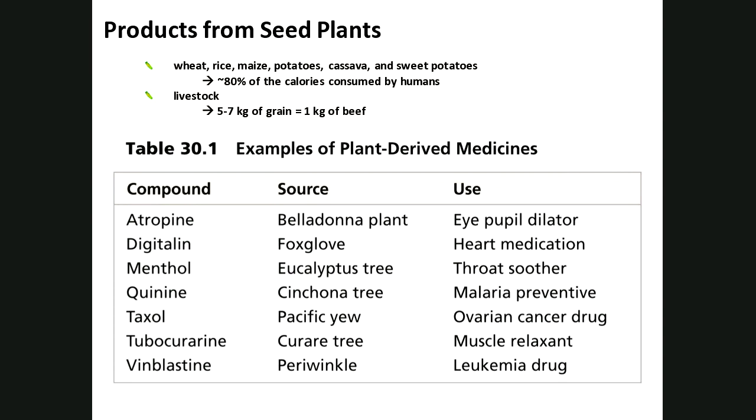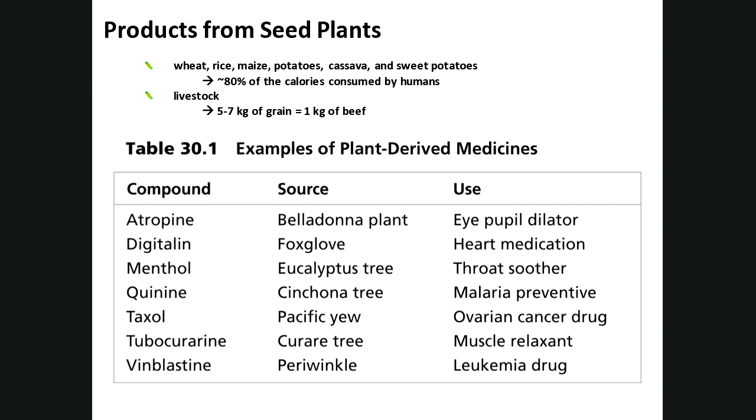The curare tree in South America, that's what the natives used to put on the tips of their spears or their blow darts, because it is a muscle relaxer, and it stops you from being able to move. So if they hit a prey with this, the muscle relaxant causes it to stop, and then of course you can catch the prey. Periwinkle, or the vinblastine, which is a leukemia drug.